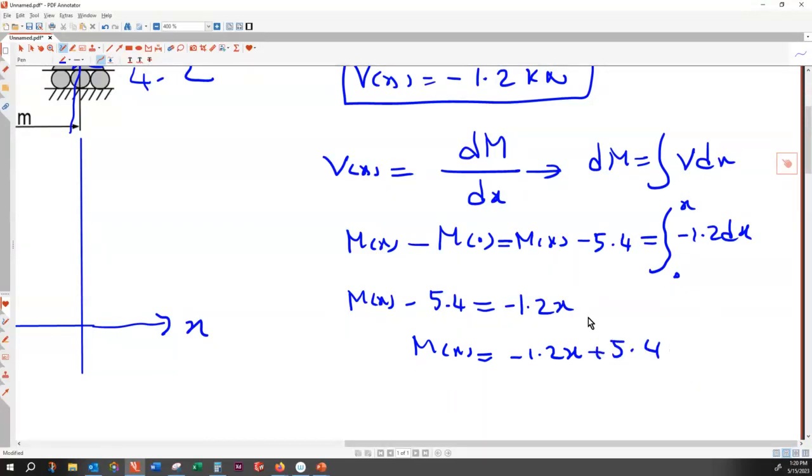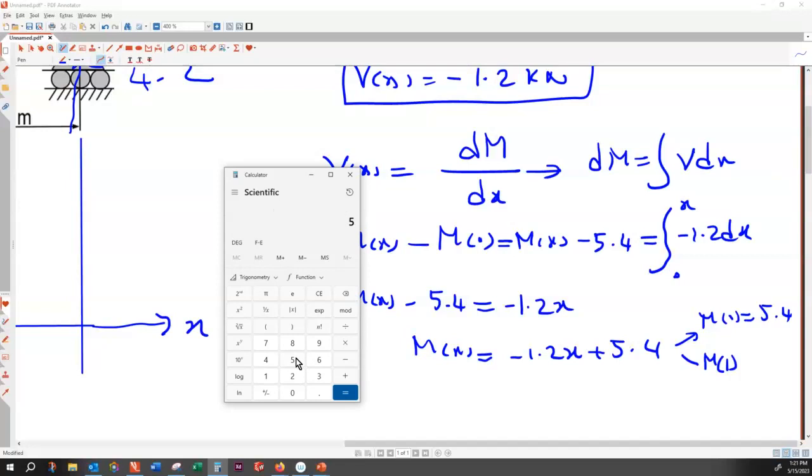Now you can check this by plugging in x equal to 0. M of 0 is 5.4, which is correct. Also, you want to find M at the end of the second zone, that is M of 1. M of 1 is 5.4 minus 1.2, which is 4.2.